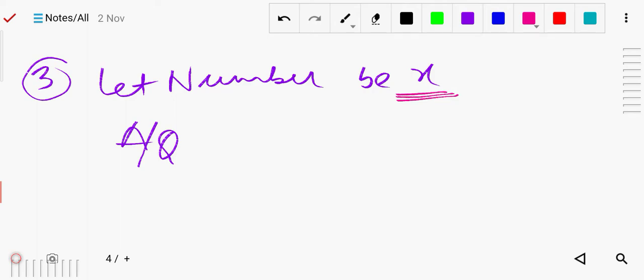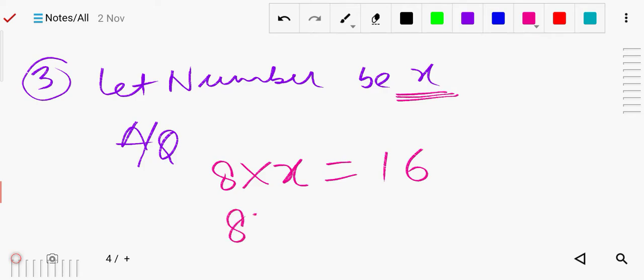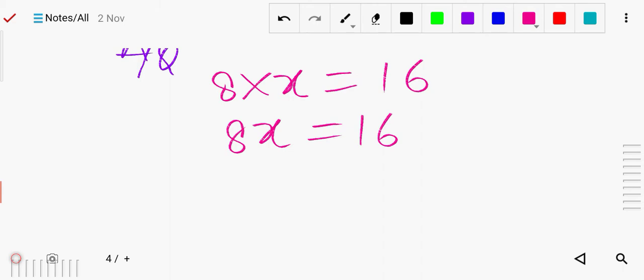So 8 times x means 8 multiplied by x, which equals 16. So 8 into x is nothing but 8x, equals 16. Now next, we will transpose the similar terms, shifting to either the left side or the right side.